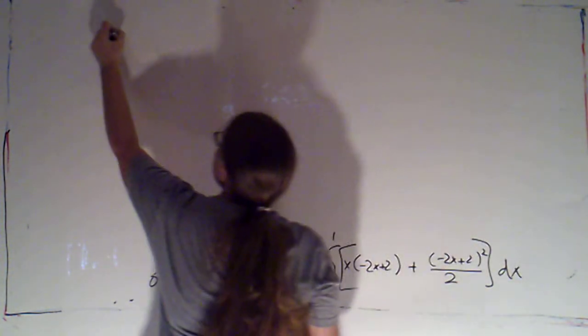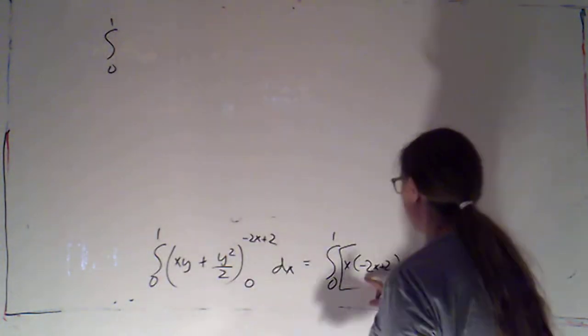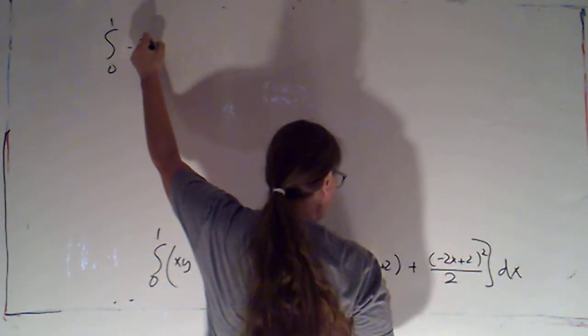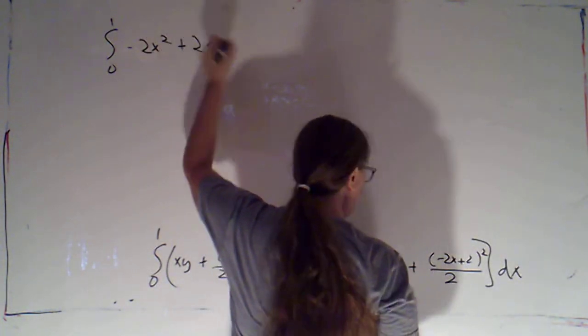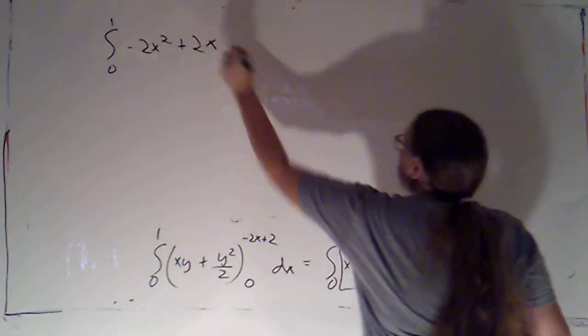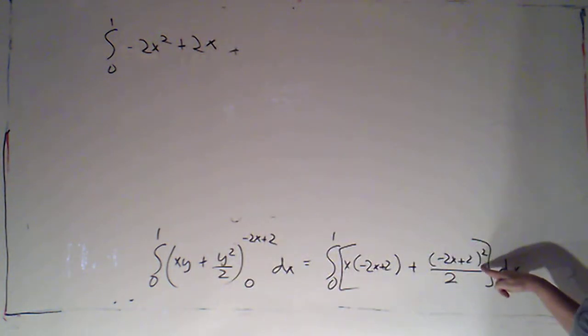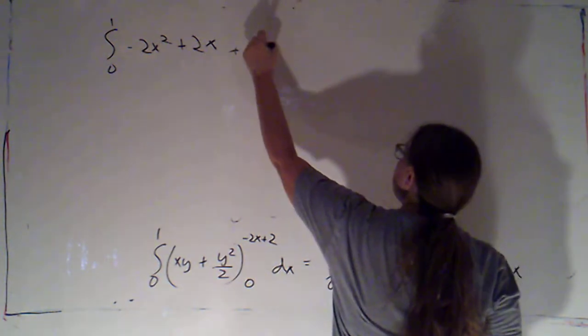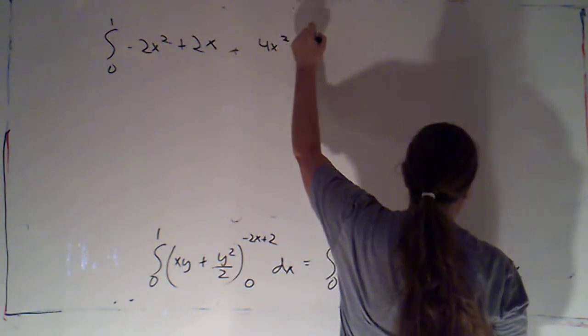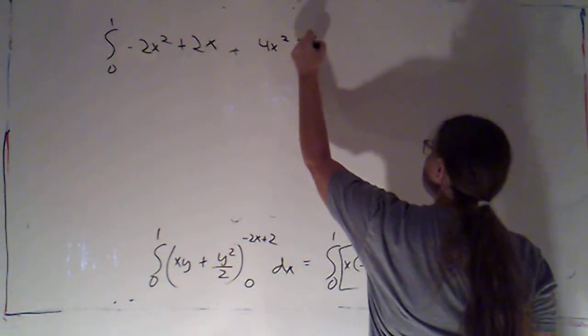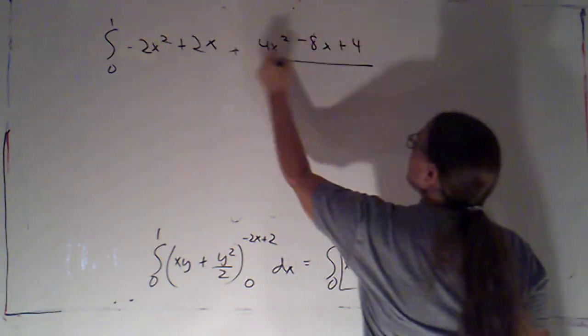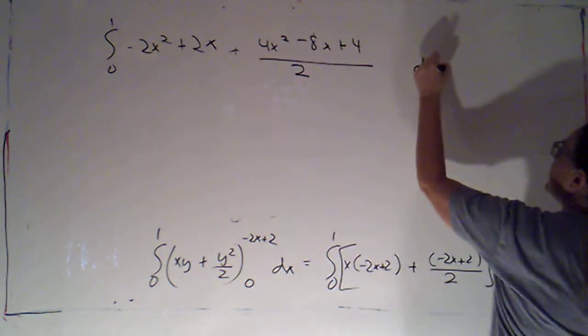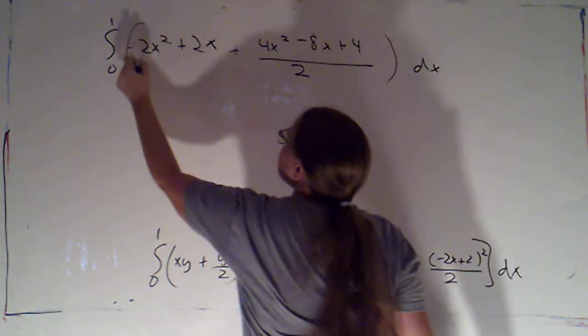All right, so this is the integral from 0 to 1 of negative 2x squared plus 2x plus, I'm going to just square this. So that's going to be 4x squared minus 8x plus 4 all over 2. And we've still got to integrate that dx.